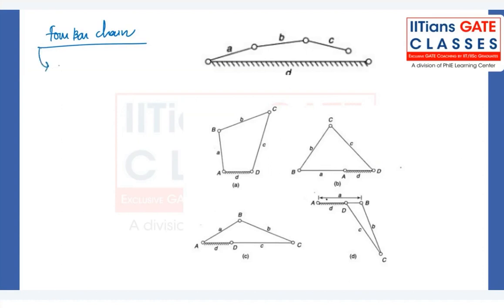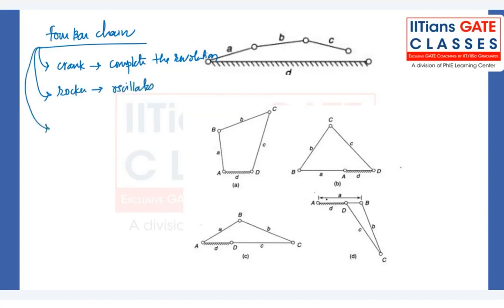The crank is one which completes the whole revolution. The other kind of link is the rocker. The rocker means the one which oscillates, and the link which connects this crank and rocker is called a coupler.